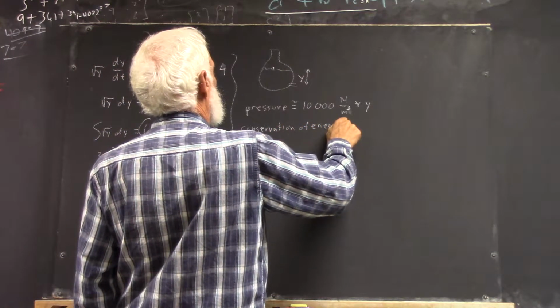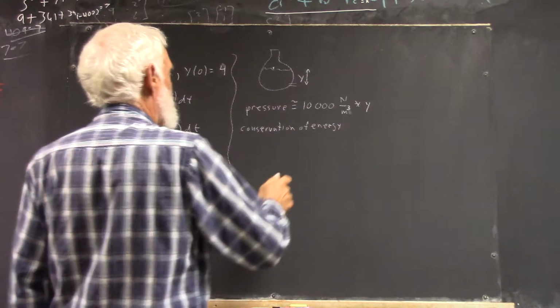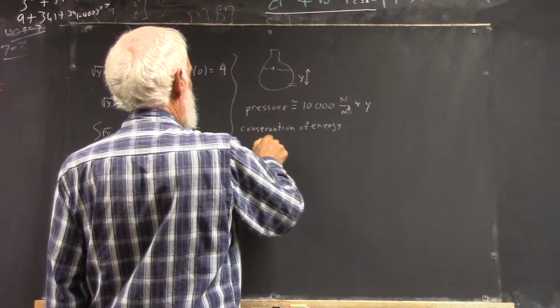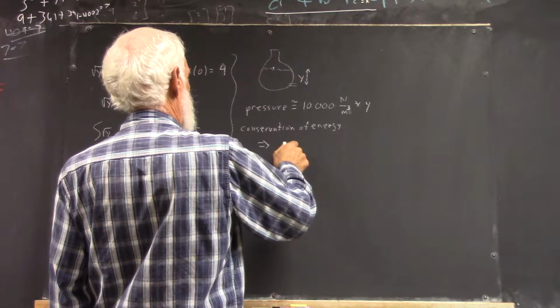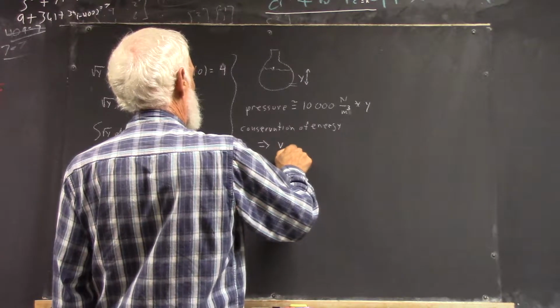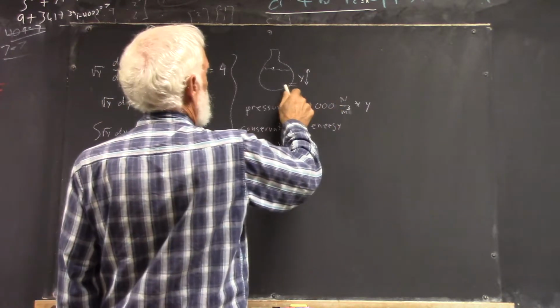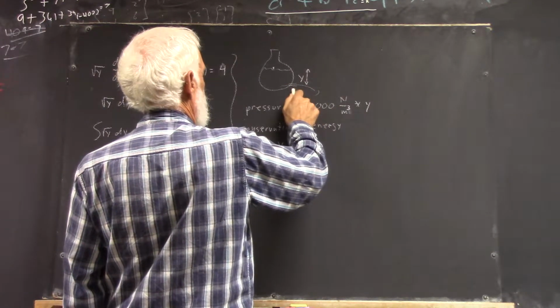And then conservation of energy, in a way that you probably won't understand if you don't take physics, implies V exit. That's the velocity of the water that comes out of here.